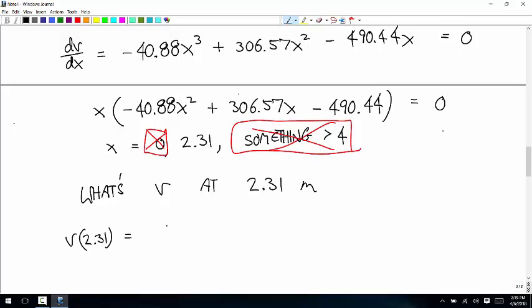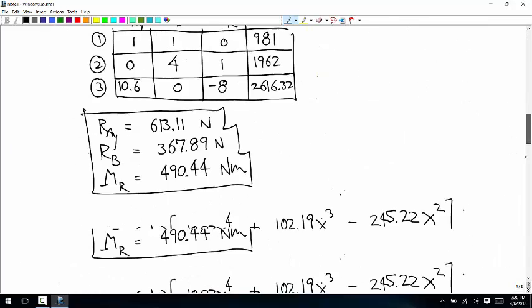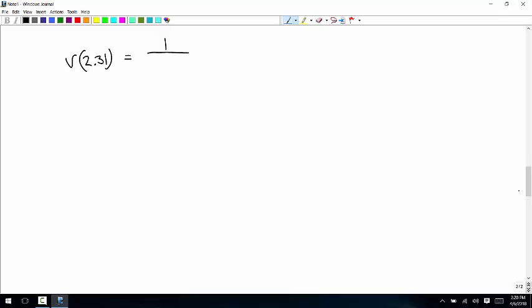is equal to 1 over, what do we have for those values? So 100 times 10 to the 4th, that's 1 times 10 to the 6th.